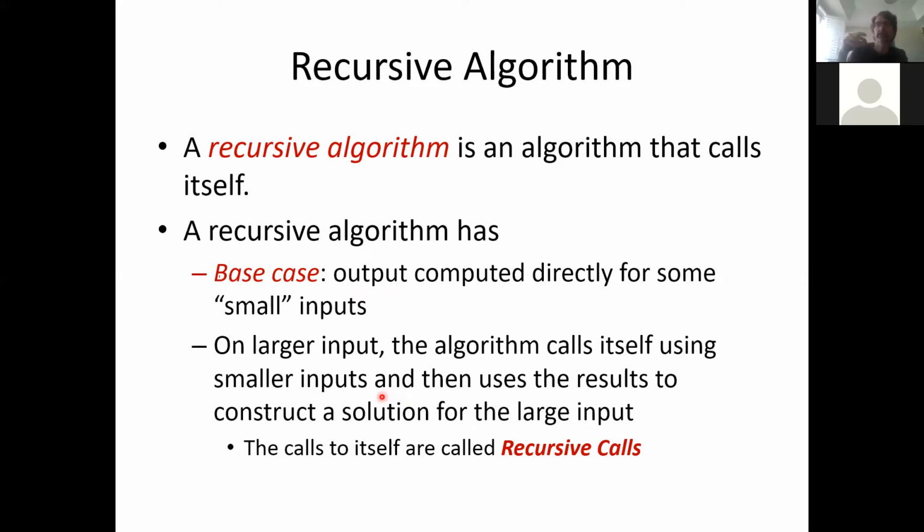Now, for larger indexes, not in the smaller class, the Fibonacci sequence was defined recursively in terms of Fibonacci sequence elements at smaller indices. You can think of this as a recursive call to the Fibonacci algorithm.